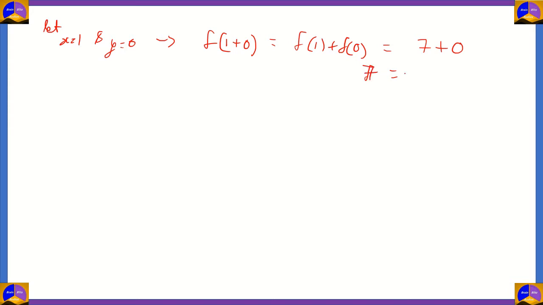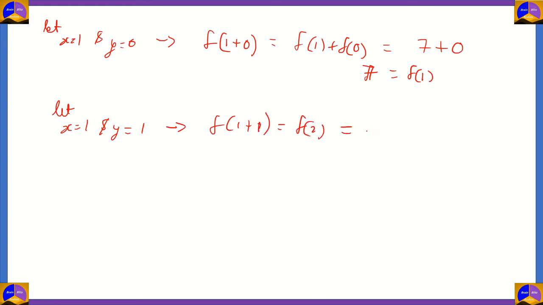So the value of f of 1 plus 0 is equal to f of 1. Now what happens if x and y are both equal to 1? You get f of 1 plus 1, that is f of 2, which we can write as f of 1 plus f of 1. So that can be written as 2 times f of 1, that is 2 times 7.